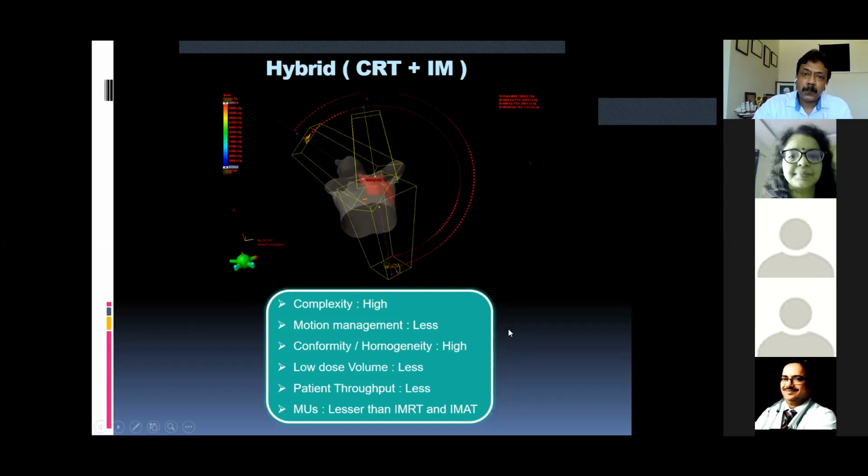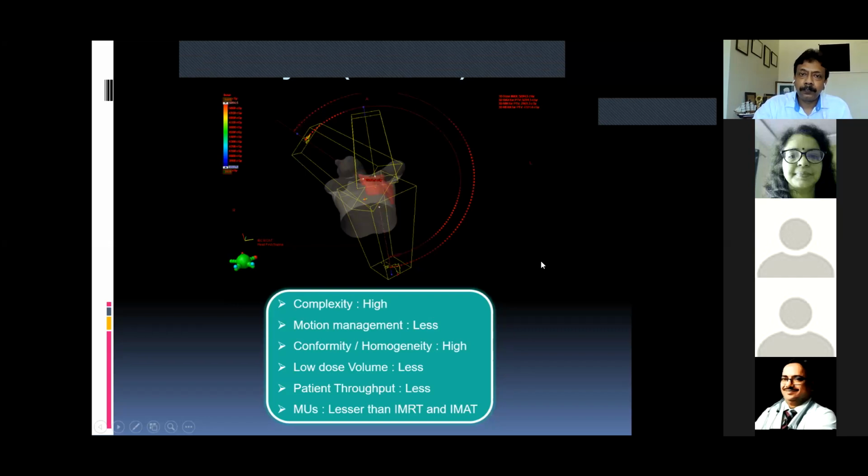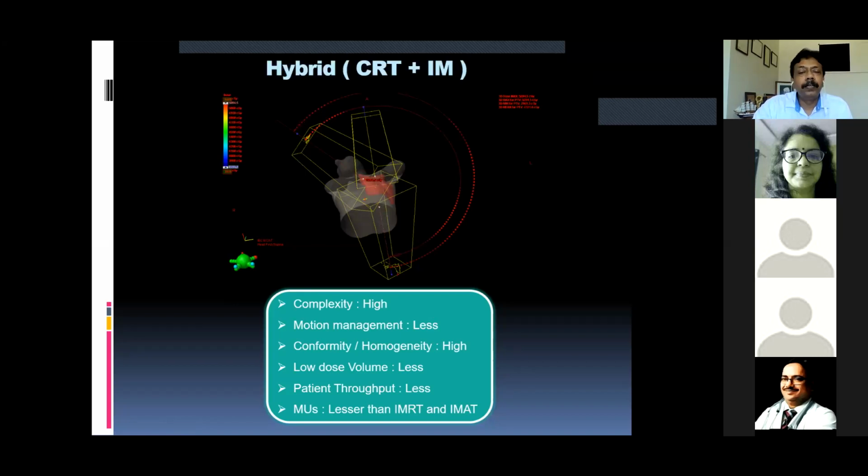There is a question coming in continuation to this only: field in field versus hybrid technique, are both the same or different, or which is better? No, the field in field technique is better because we give the same direction all the time. We use field in field techniques in breast. It is better, but it requires much labor, and optimization is done by computer only.